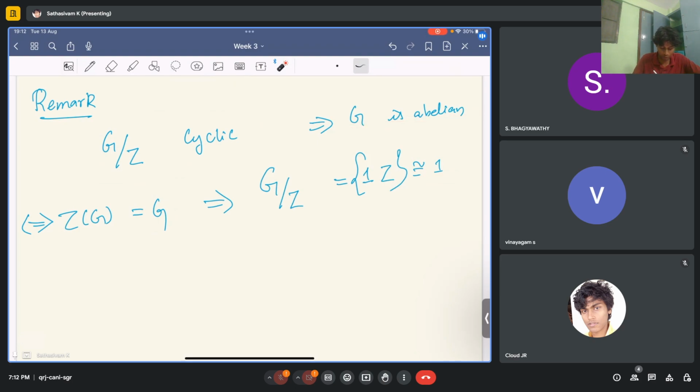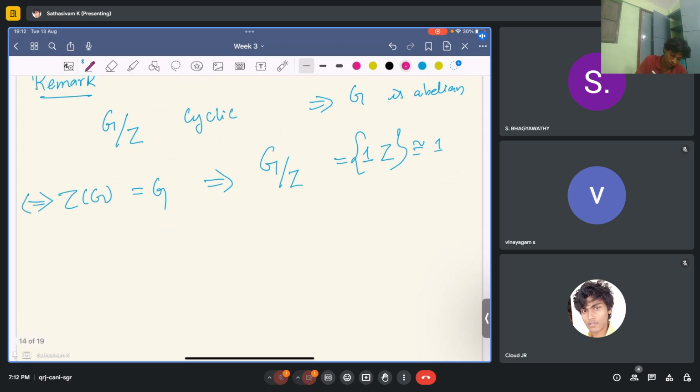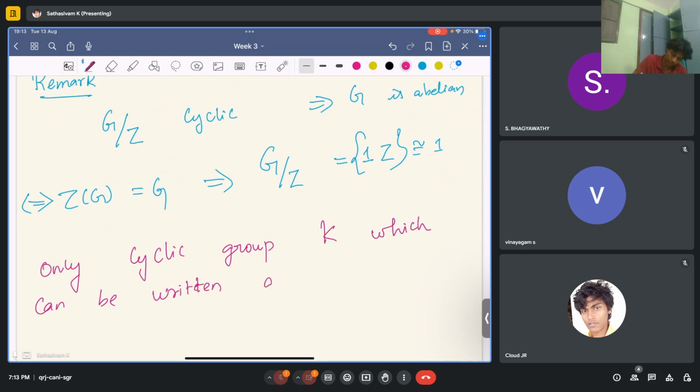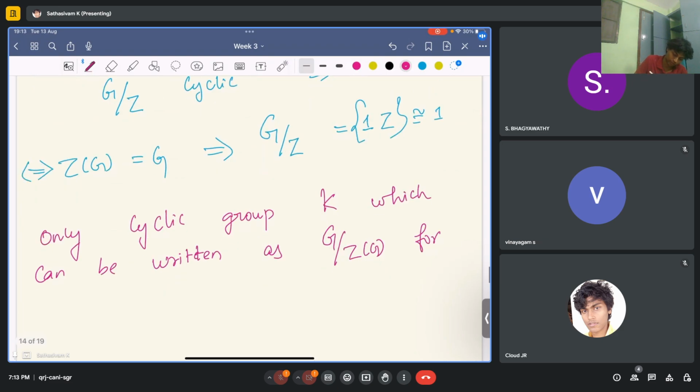Although it says abelian, once you do a little bit more, this is what it says. If you want to write it the other way around, a little bit differently, what it says is: the only cyclic group, let me call it K, which can be written as G by center of G for some G, is the identity.